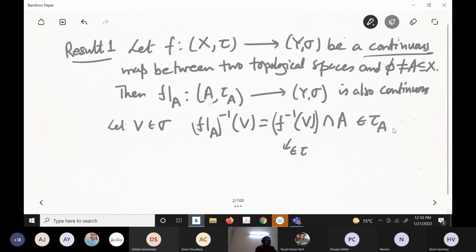So I have given the proof. Now this is very simple: any continuous function restricted to a subset will also be continuous.